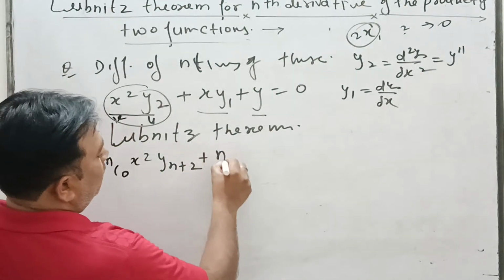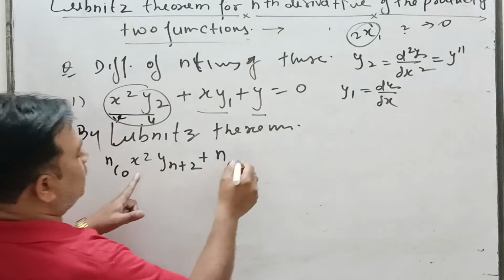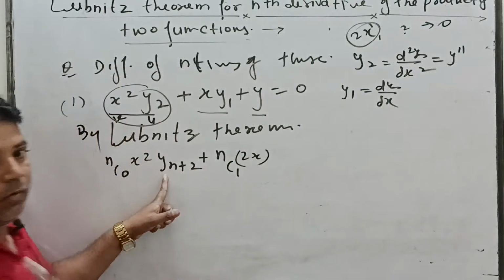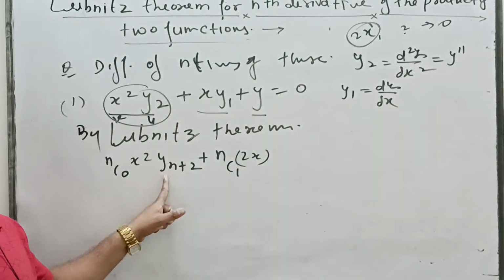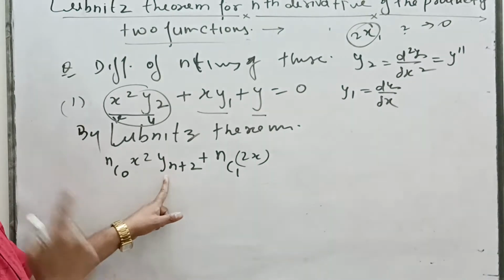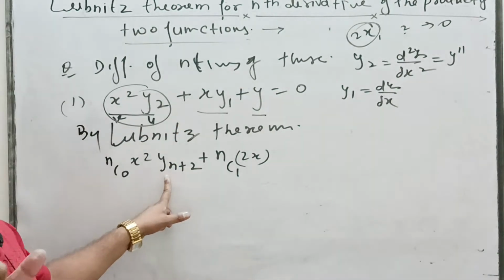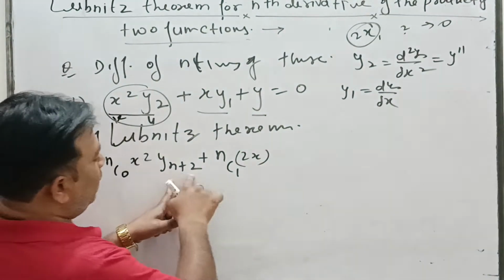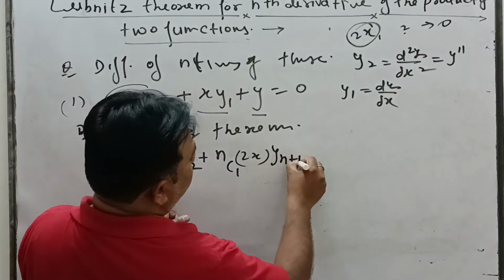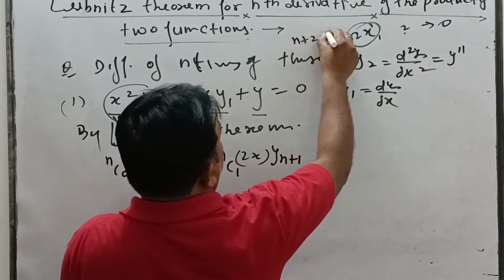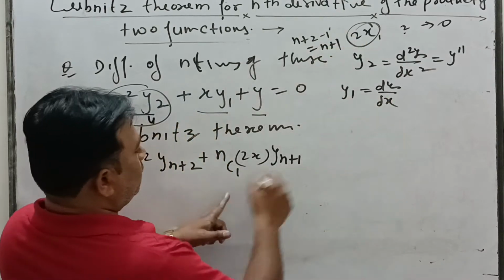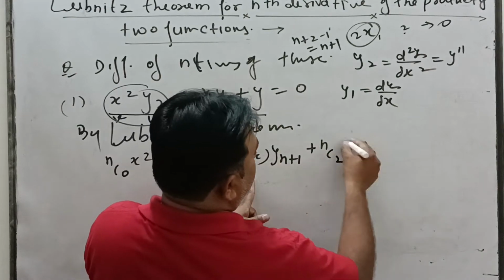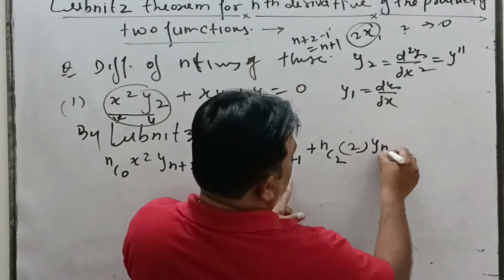Next plus nC1, differentiation of x square is 2x, and n plus 2 minus 1 gives y n plus 1. Next term un minus 1, as you see in the Leibniz theorem formula: first term un, second un minus 1, third un minus 2, and so on. Similar process nC2, differentiation of x square twice gives 2, and one less gives yn.